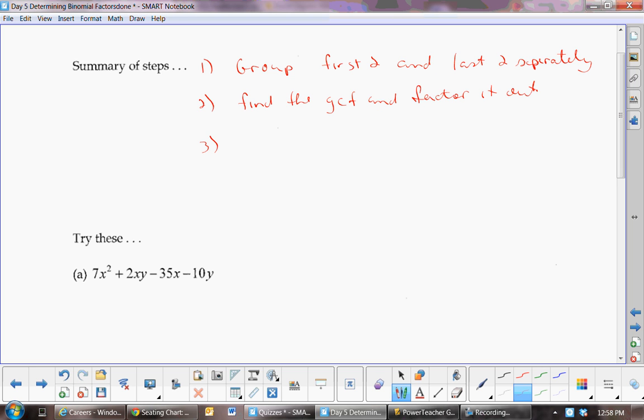Then step 3 would be factor out identical factors from step 2. So factoring out factors sounds weird, but those factors that we got, pull them out.